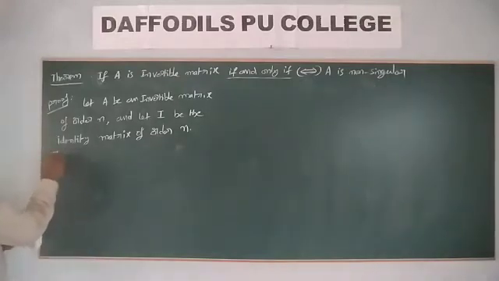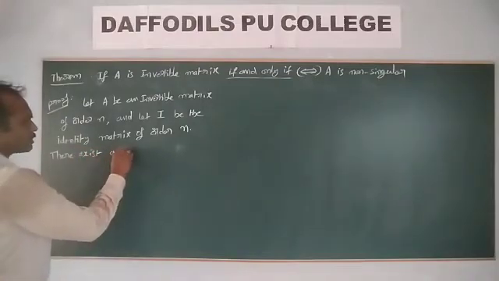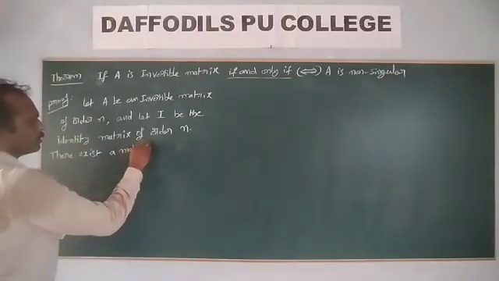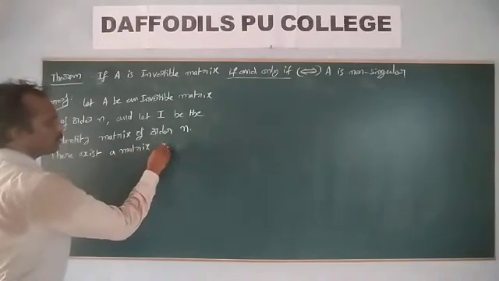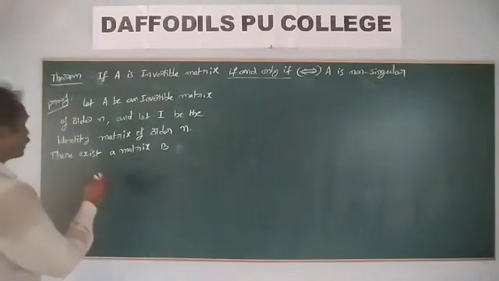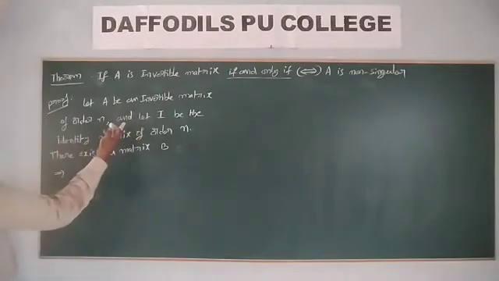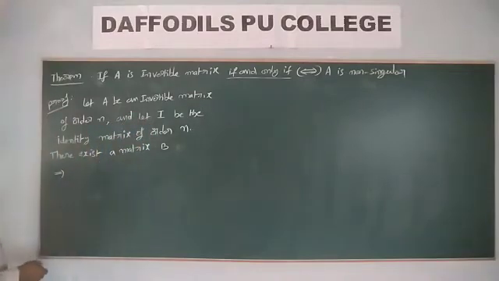There exists a matrix B, which is also of the same order n. Then what is the definition of an invertible matrix? Already explained. So that implies A is an invertible matrix of order n, and let I be the identity matrix of order n. Then there exists a matrix B.